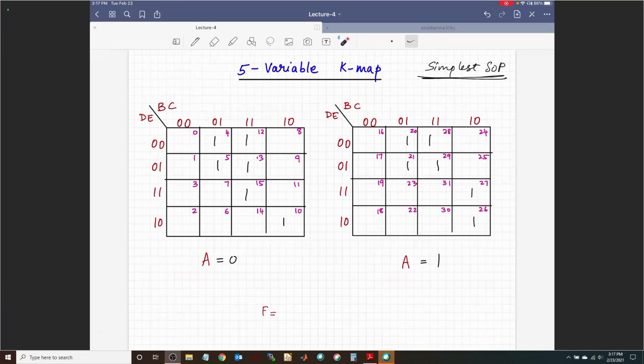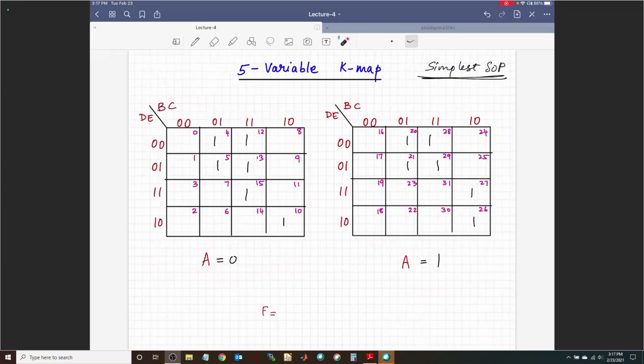After you do that, you can have B, C, D, E over here and then B, C, D, E over here. In other words, when A is 0, you will have 16 combinations between B, C, D, and E that go in the left 4 variable k-map. And when A is 1, the last 16 entries in your truth table, you will still have the 16 combinations between B, C, D, and E that go in the right k-map.